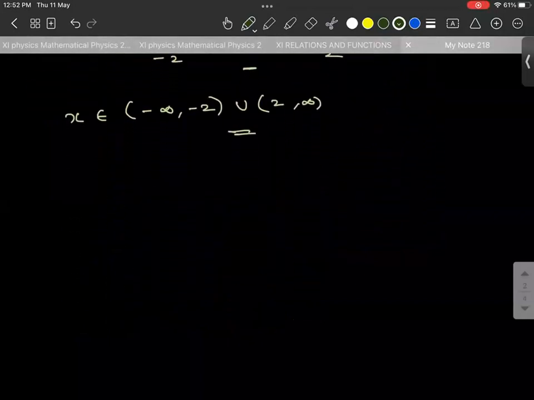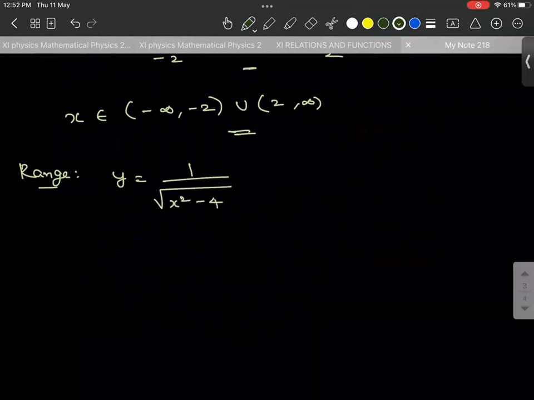Let me complete the other part also. For range, I'll take y is equal to 1 by root of x square minus 4. By default, wherever you have a square root based problem, y will be greater than or equal to 0.